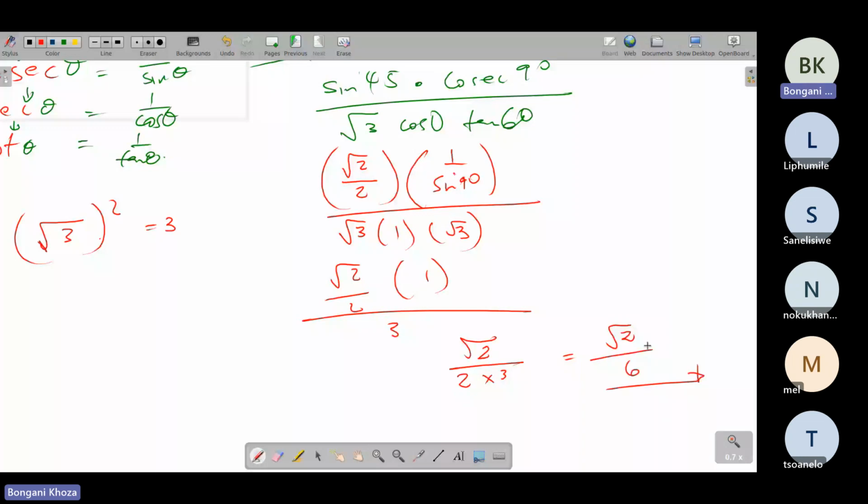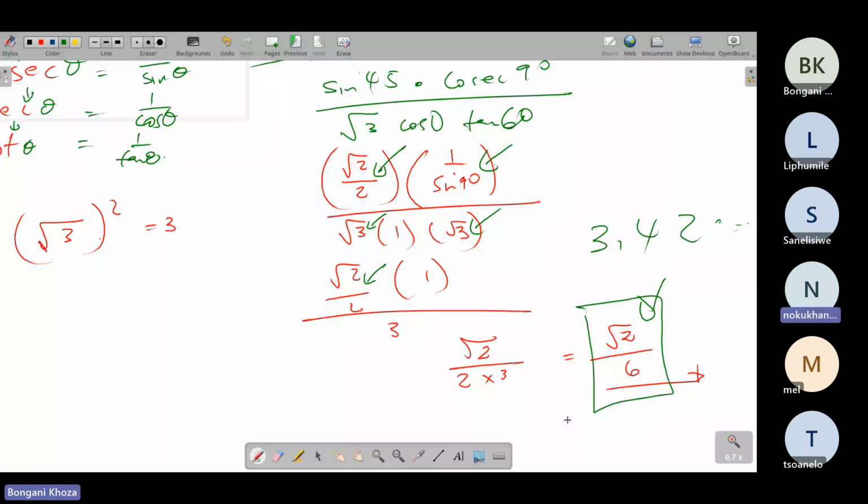Your 5 marks are for seeing if you can convert these into their special numbers and find your answer. When they say without using a calculator, they're not expecting 3.4 and so on. They want it in this set form.